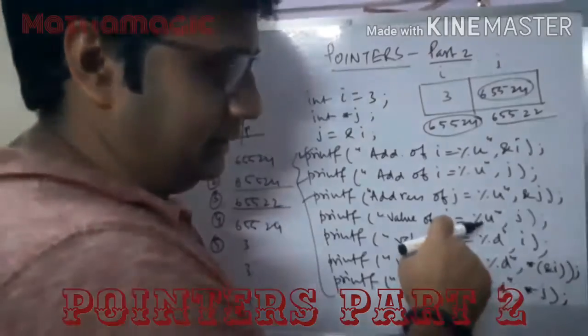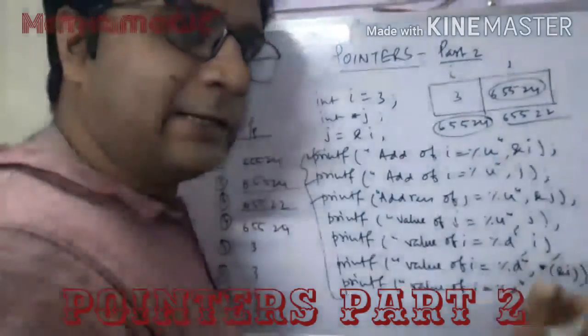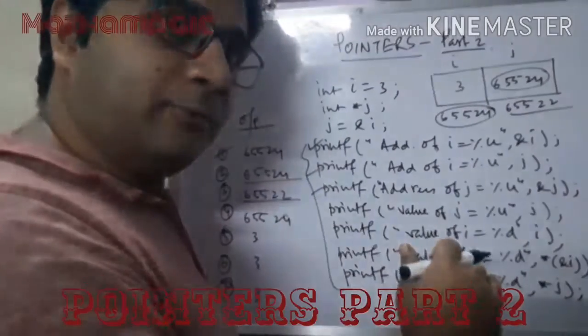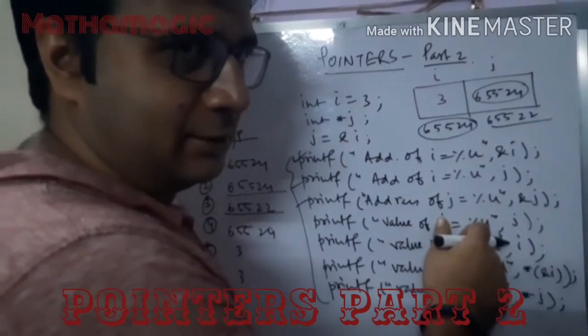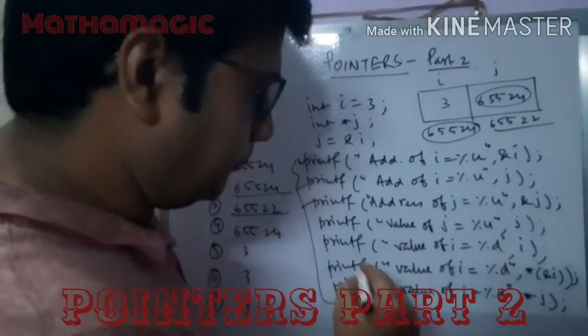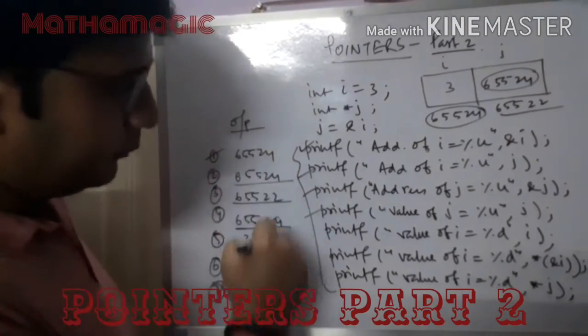If j is a pointer variable, then the value of j is definitely the address of another variable, so it will be an unsigned integer. That is why we have written like this. So I think it is clear now. That is why it is 65524. So these four lines are explained.